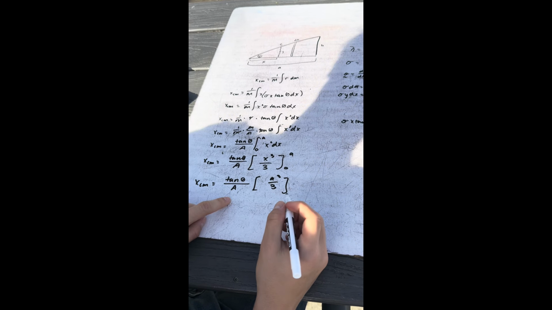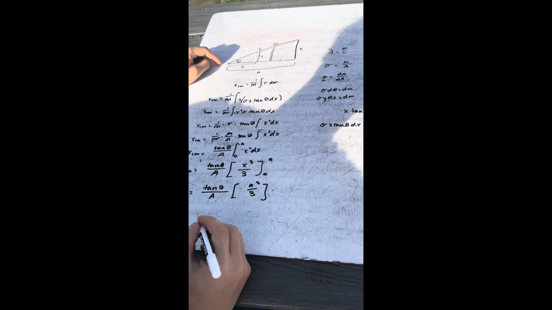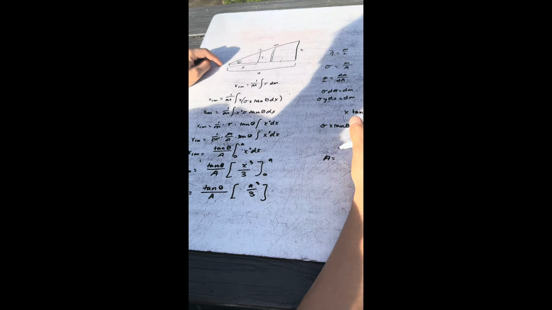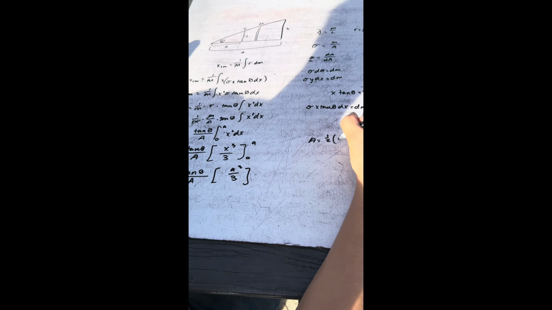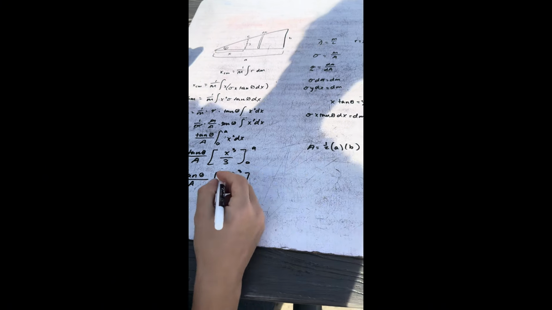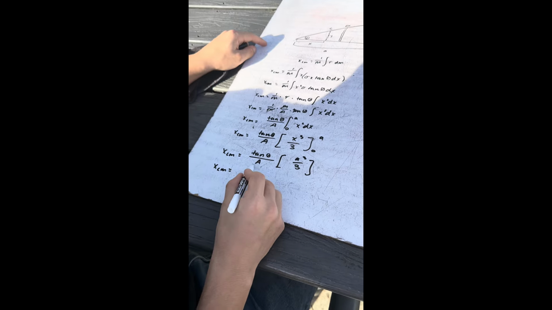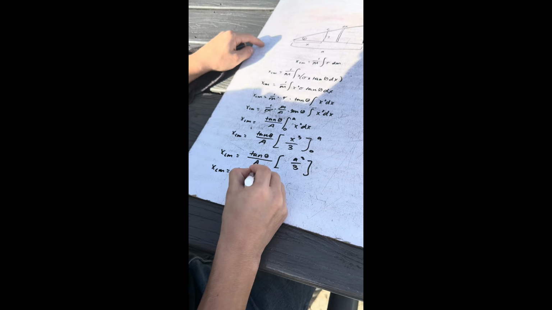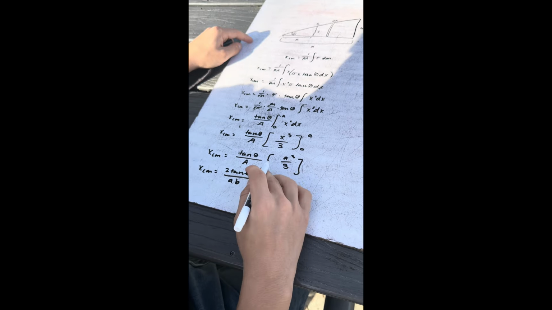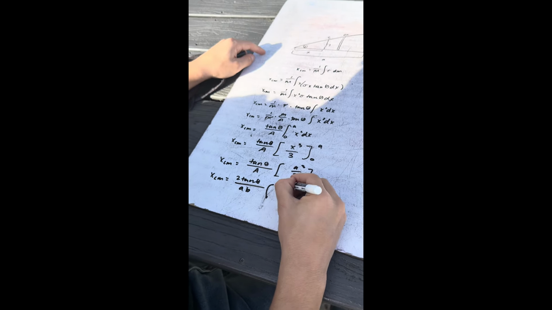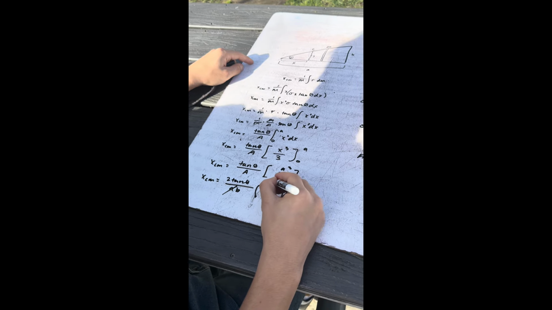Now if we solve for area, the area of this triangle is going to be equal to 1/2 length times width, so 1/2 a times b. So we can go ahead and substitute that. Since 1/2 is in the denominator, we'll put it in the numerator. So 2 tangent theta over a times b times this a cubed over 3. Take out an a, this becomes a squared.